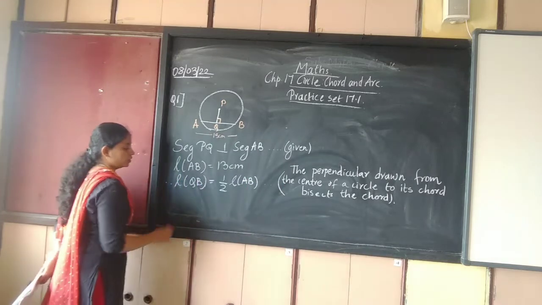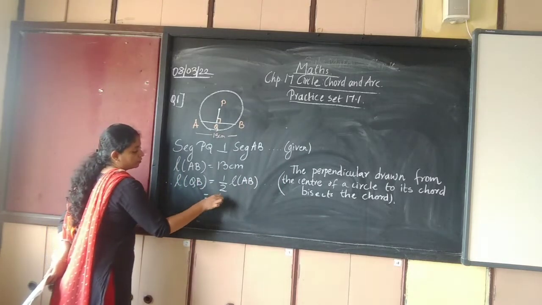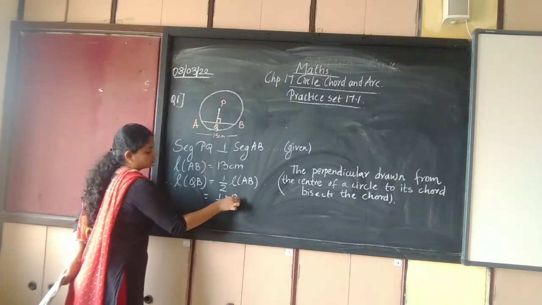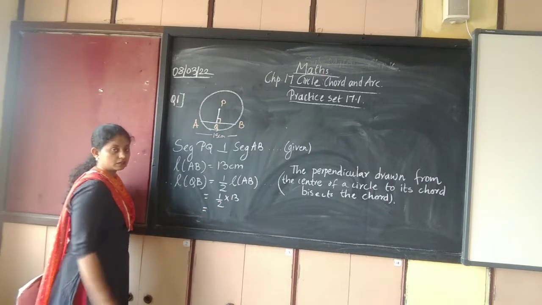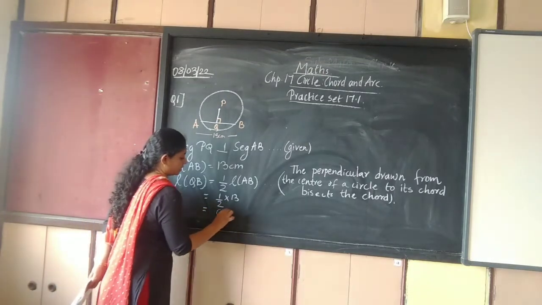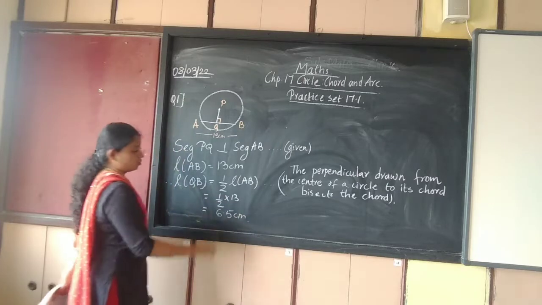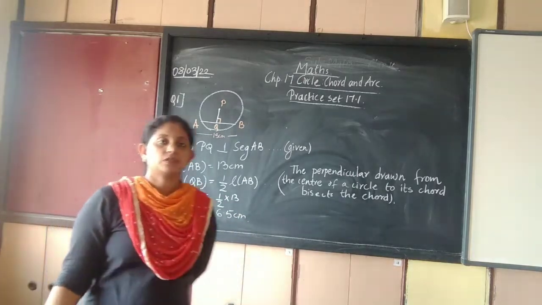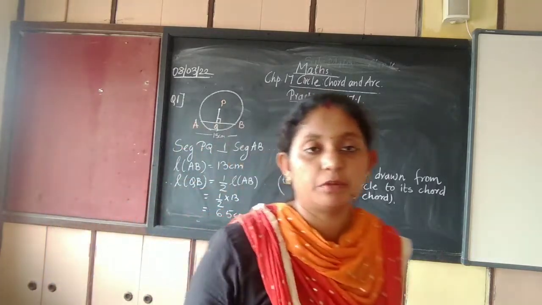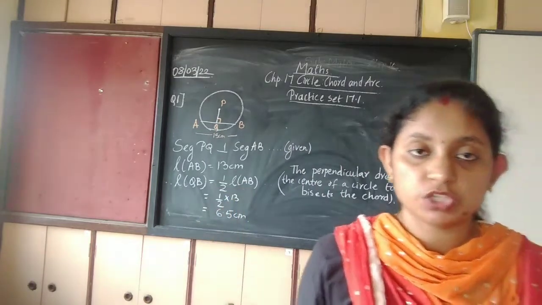So half of AB, given as 13. What is half of 13? Nothing but 6.5 cm. So we have found out length QB. This is the solution of your first question.